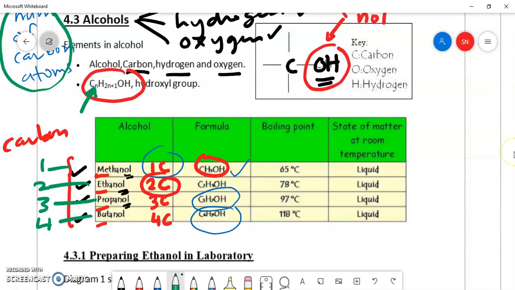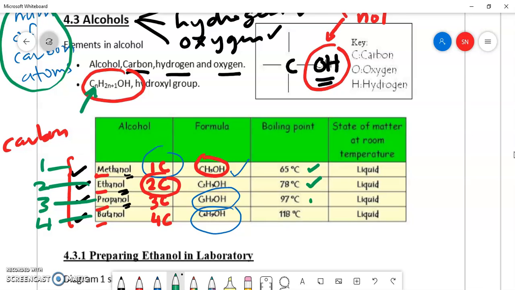For methanol, it has a boiling point which is lower than the others. The boiling point of methanol is about 65 degrees Celsius. Ethanol is 78 degrees Celsius. We use methanol and ethanol a lot in labs. If you pour methanol on the table, it will eventually evaporate by itself, because the boiling points are quite low, 65, 78.